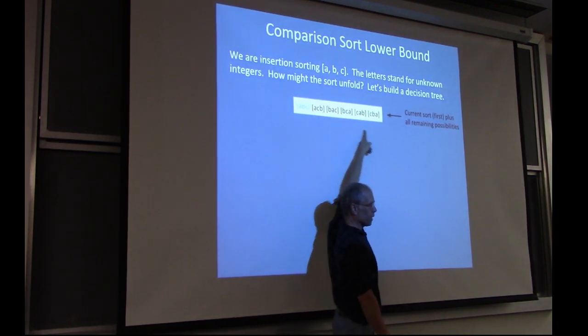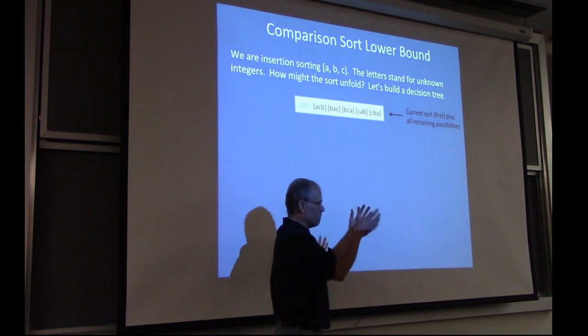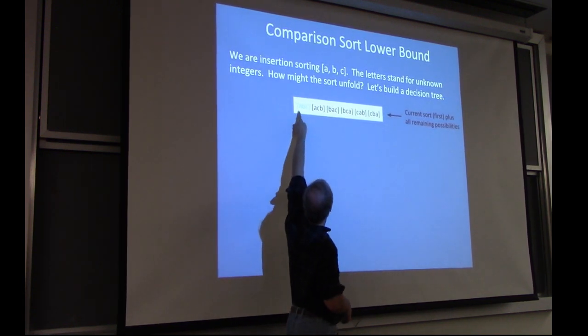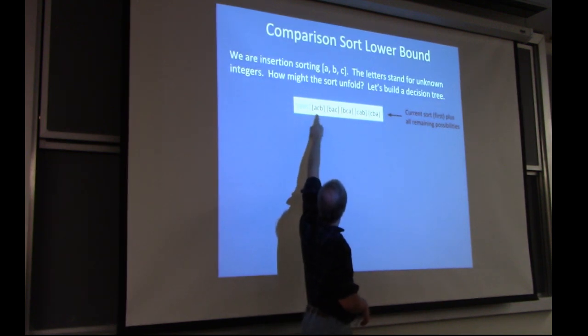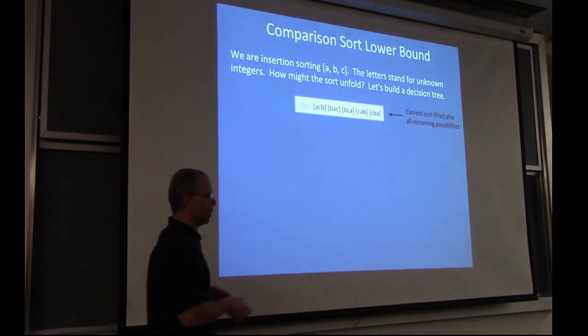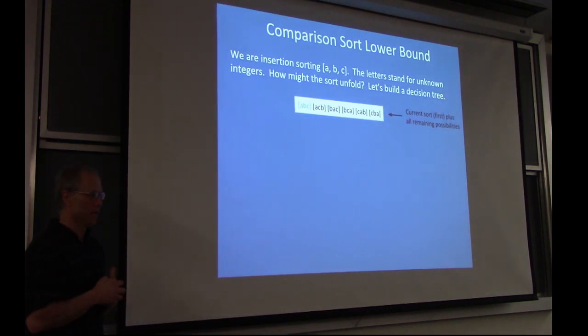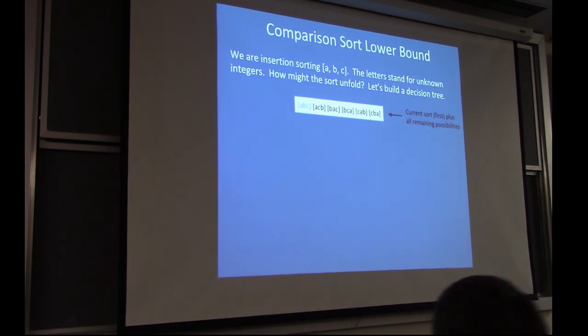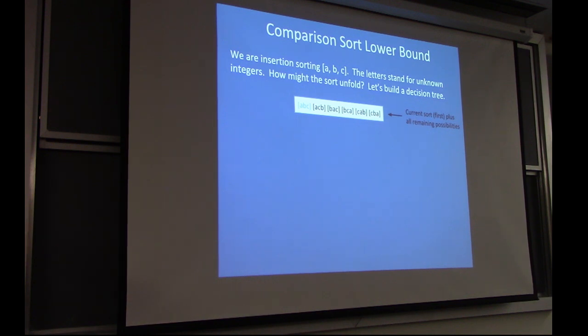So when we're done sorting, maybe, depending on how A, B, and C compare, we don't know what numbers they really stand for, the A, B, and C will be sorted that way, or maybe it will be that way, or maybe it will be that way. So basically there are 3 factorial ways the sort could turn out. We don't know right now. So we're taking sort of an all-knowing view of the sort. So what's the first comparison that insertion sort will do?